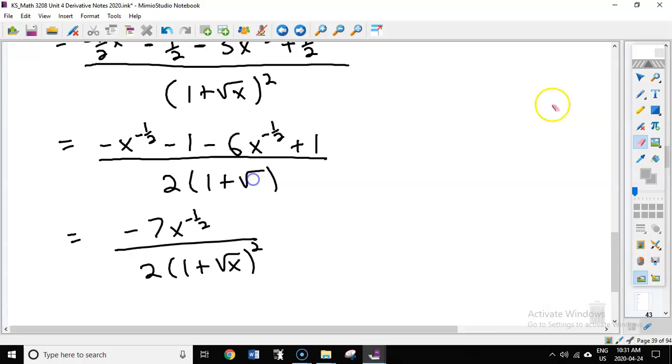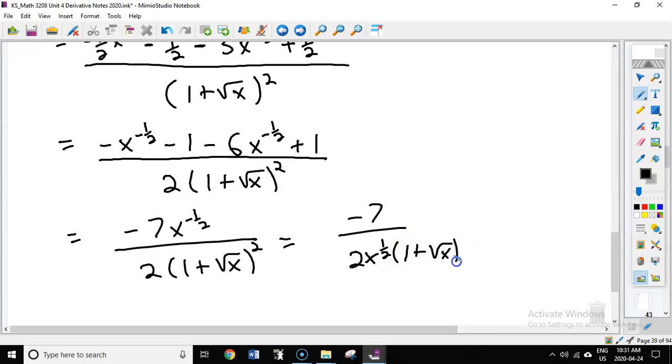That should be x with the squared outside. So with this here now, this negative half gets moved to the bottom because of the negative power rule: negative 7 over 2x to the half, times (1 plus root x) squared.